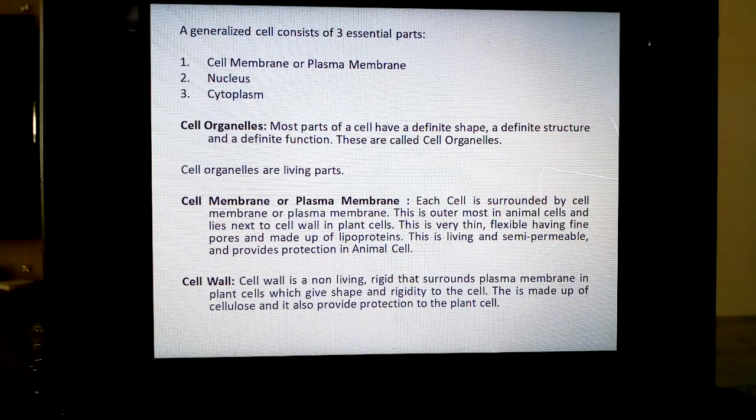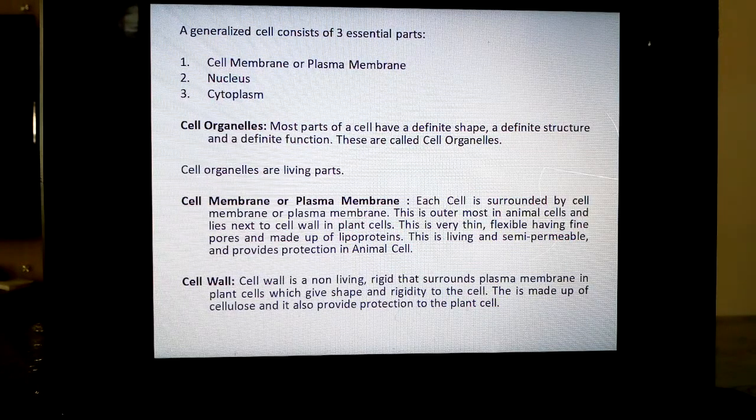If you take a living organism, it has different organs for different functions. In the same way, if you take a cell as a whole, different functions will be performed by different cell organelles. So we can compare cell organelle as organ.